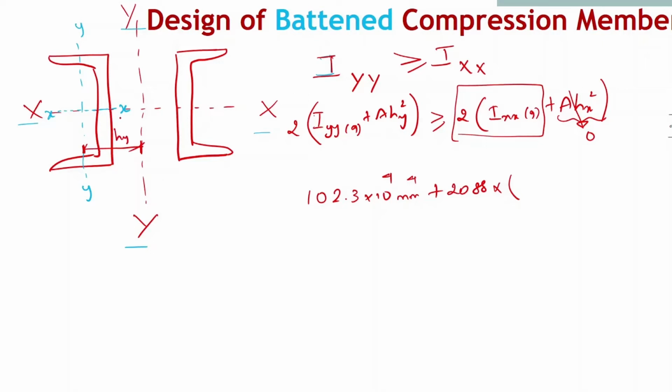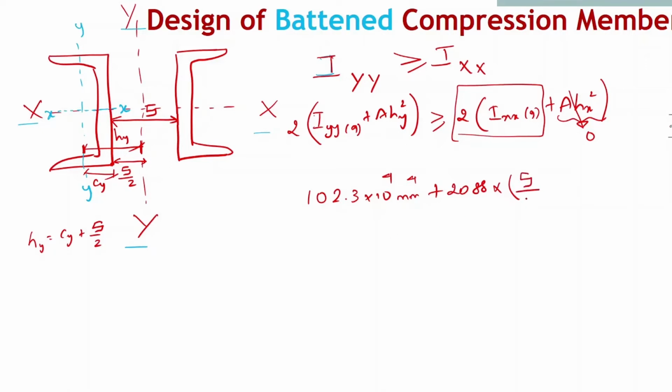What is Hy? If this is the spacing we are going to arrange, this distance is half of that spacing and this distance is the CG distance from this corner, Cy. So Hy is Cy plus S upon 2.